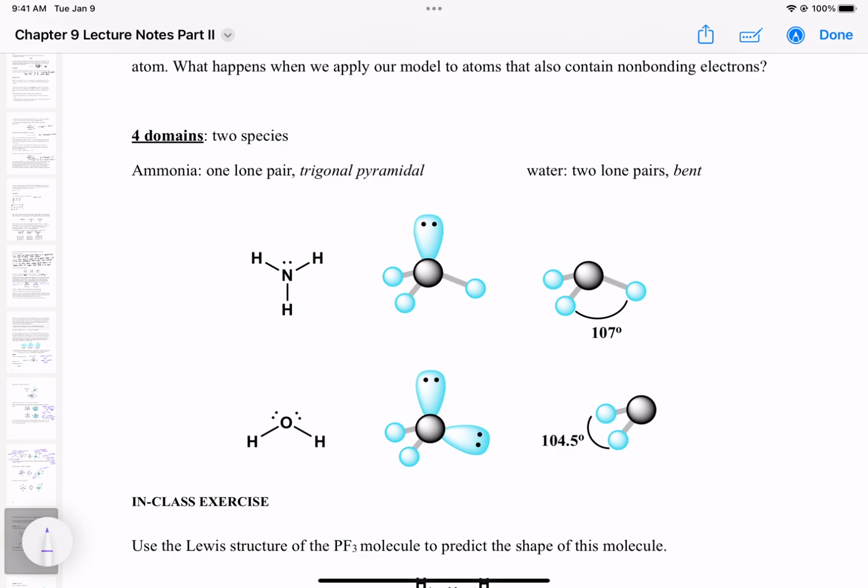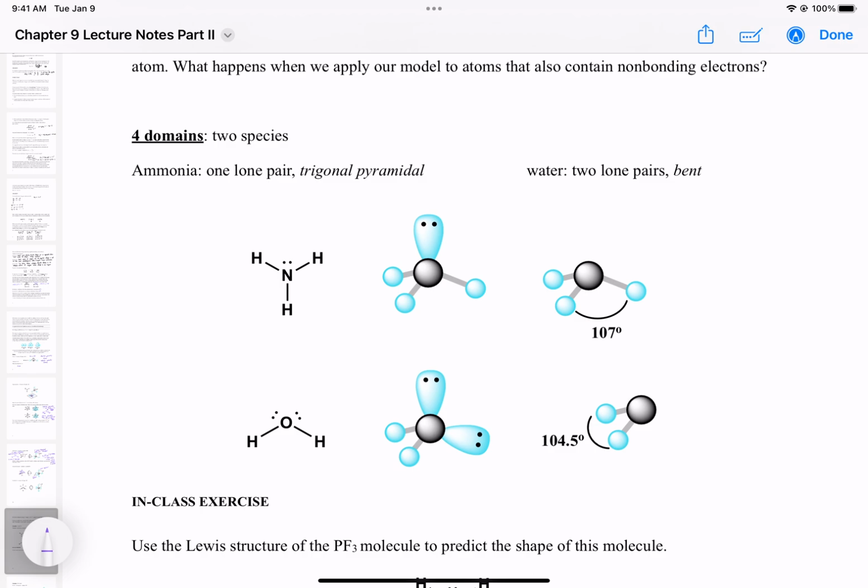We see here, the more lone pairs we put on a molecule, the more the bond angle is going to decrease, because lone pairs, when they're not shared, are going to occupy more space because you have now 2 electrons on a single atom, instead of electrons being shared between 2 different atoms, right?